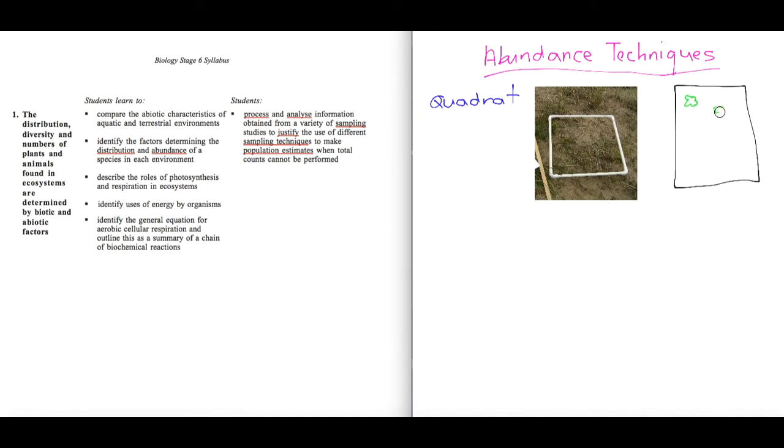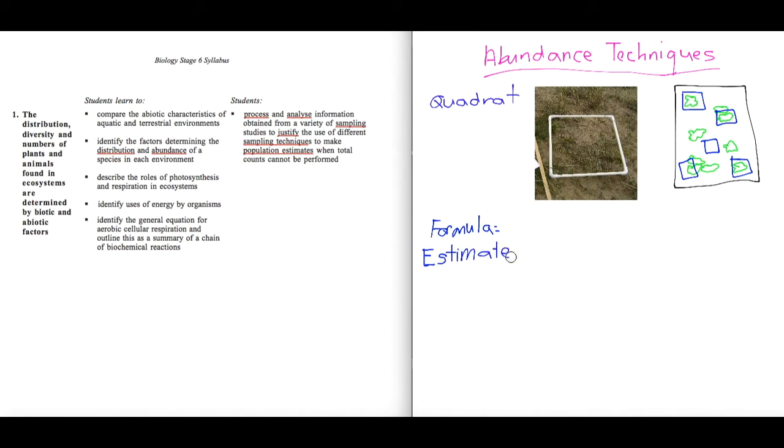So let's say we want to measure the abundance of this particular green plant in this area. So the quadrat would be dropped at random in this area. The blue boxes that I'm drawing represent the quadrat being dropped a number of times in this area. Now, the more drops that occur, the better the results.